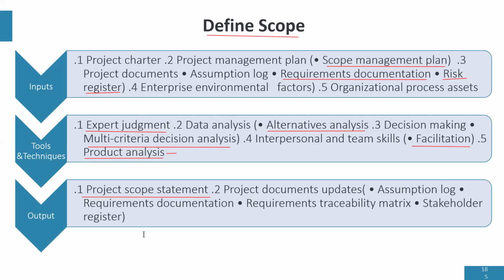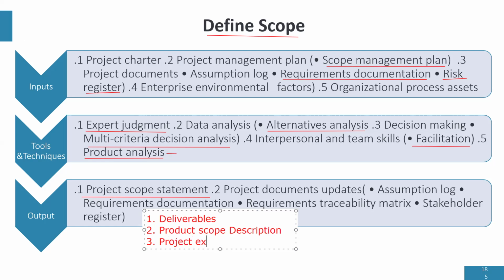Now, your project scope statement contains 6 things. Number 1, deliverables. 2, product scope description. 3, project exclusions. 4, assumptions. 5, constraints. And 6, acceptance criteria.